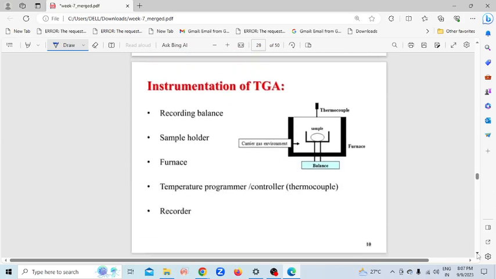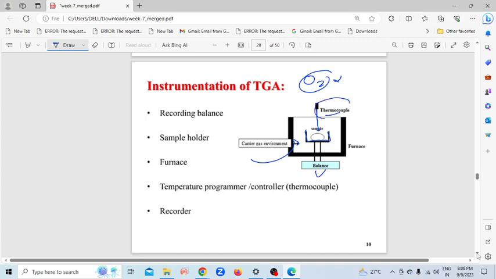Here in the instrument of TGA, this is the carrier gas environment. Suppose you do not want to do TGA in oxygen. Then you need a closed chamber where you can provide whatever carrier gas you need, argon, nitrogen, an inert gas. Then this is the balance, the sample is kept on the balance, and this is the thermocouple, which will measure the temperature of the sample.